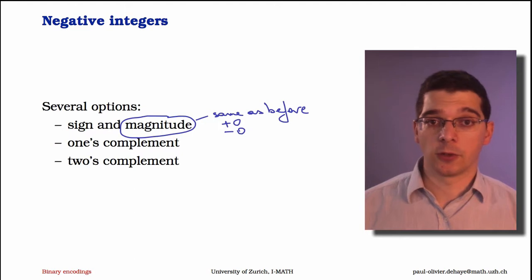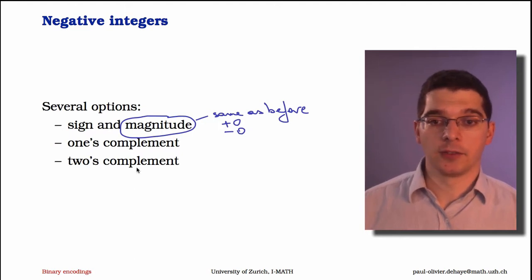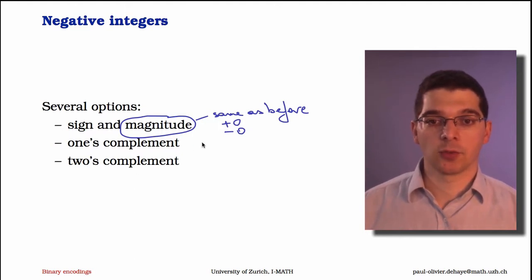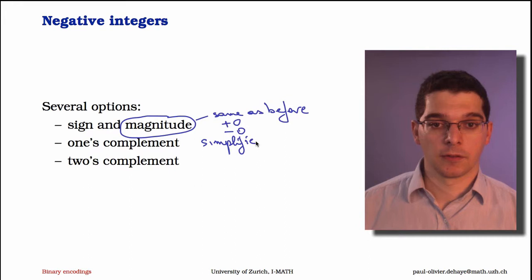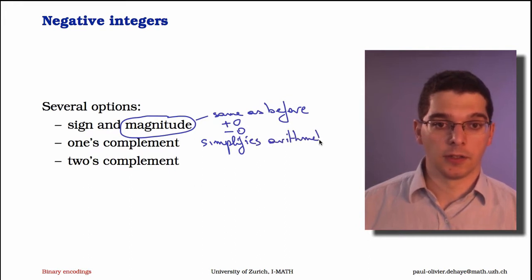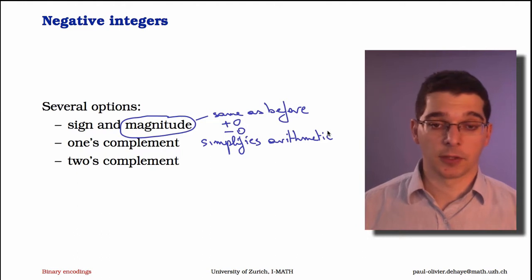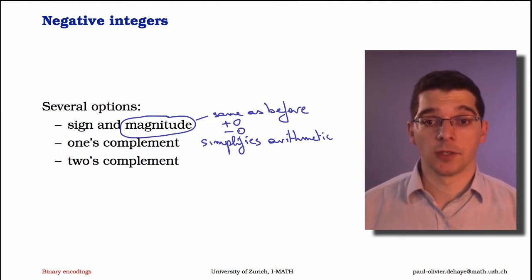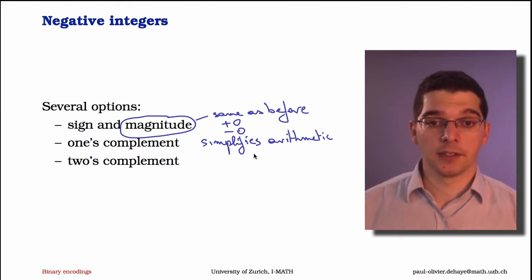So okay, to compensate for this, 2 other methods were devised. The first one, one's complement, simplifies arithmetic operations, so addition and subtraction. That's simplified with 1's complement, but the problem is still that there are two zeros.